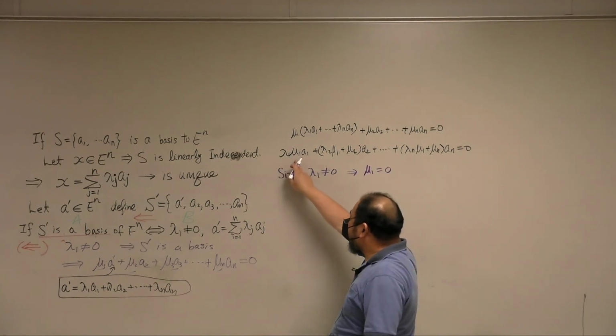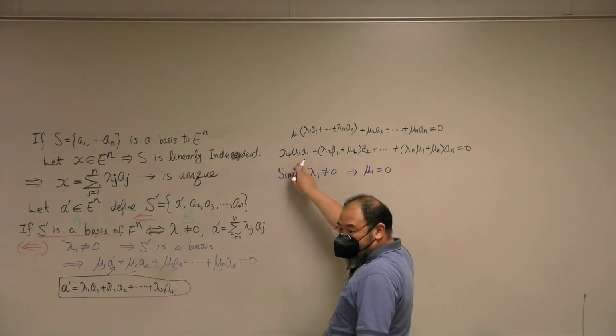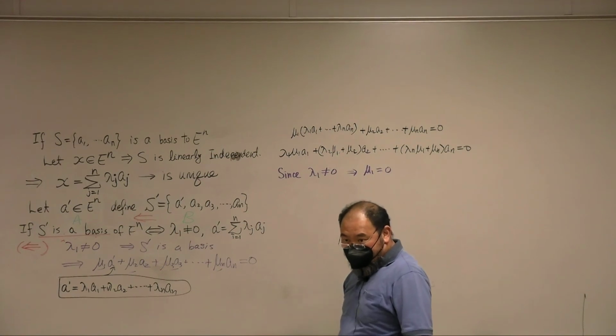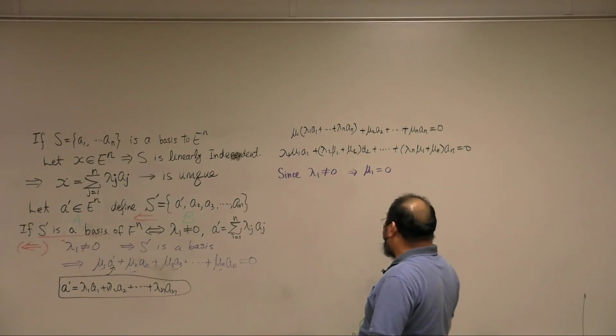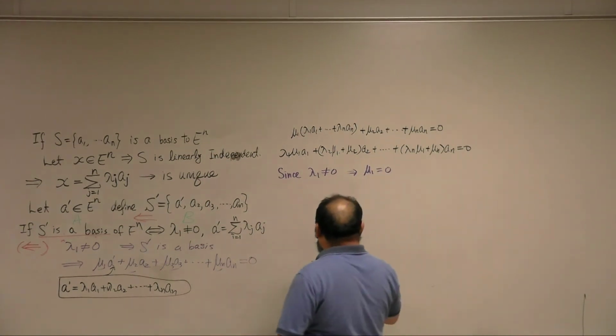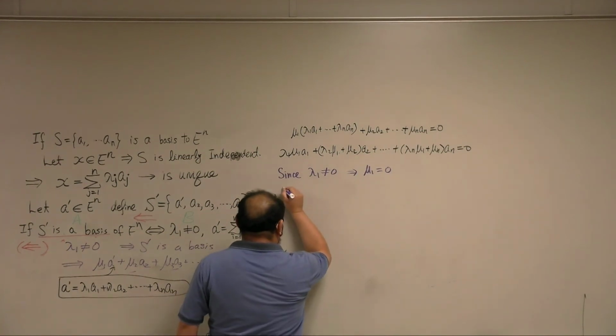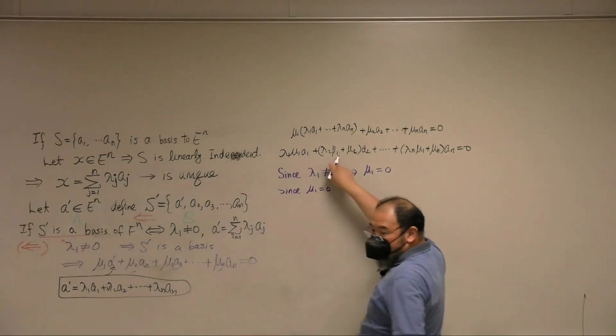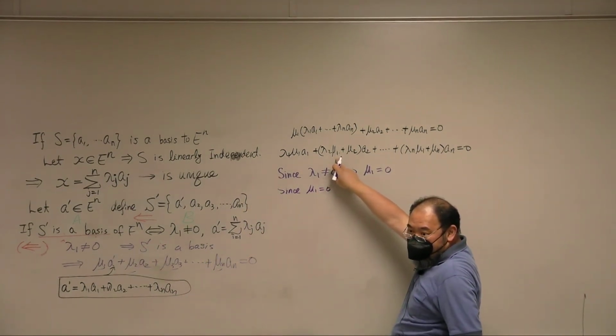This times this has to be 0. This one is not 0. This one has to be 0. Does that make sense? All right. Then, since mu1 equals 0, see this?